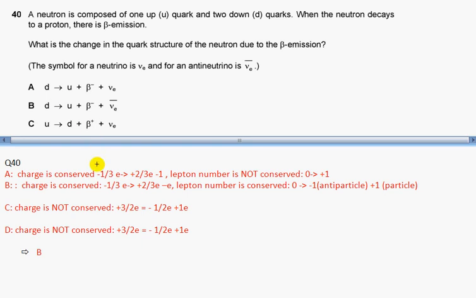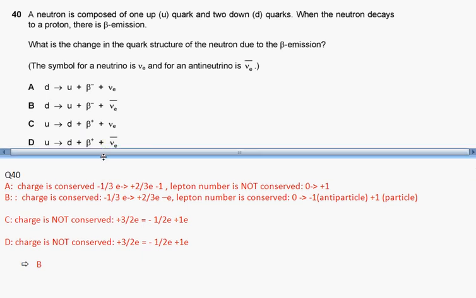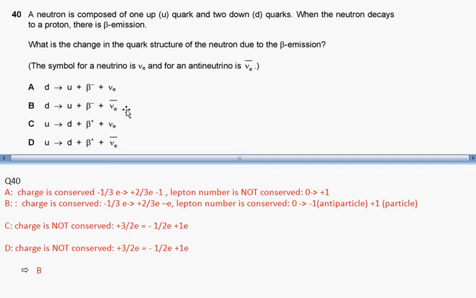Here there can be different approaches. First of all, neutron should change into proton. It means that we need beta minus, an electron.